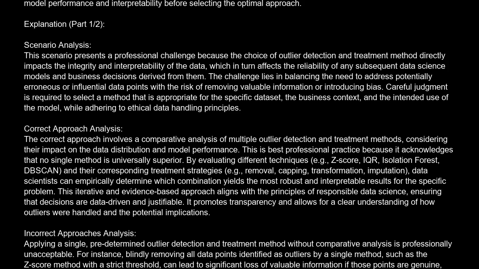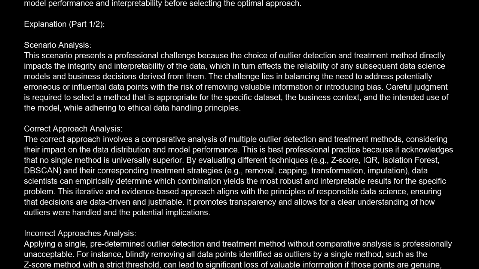Correct approach analysis. The correct approach involves a comparative analysis of multiple outlier detection and treatment methods, considering their impact on the data distribution and model performance. This is best professional practice because it acknowledges that no single method is universally superior.